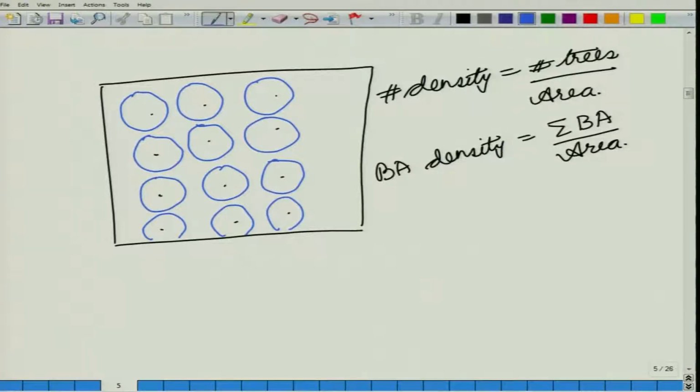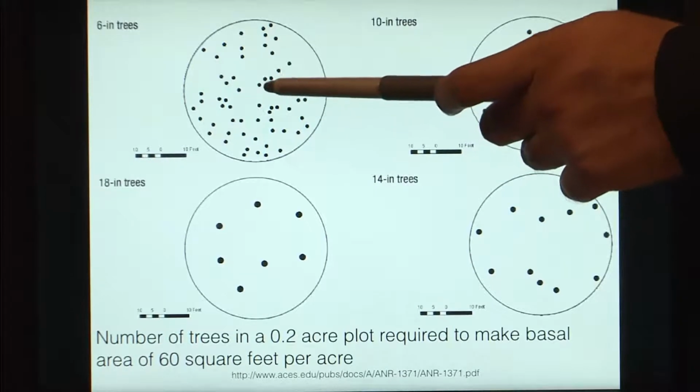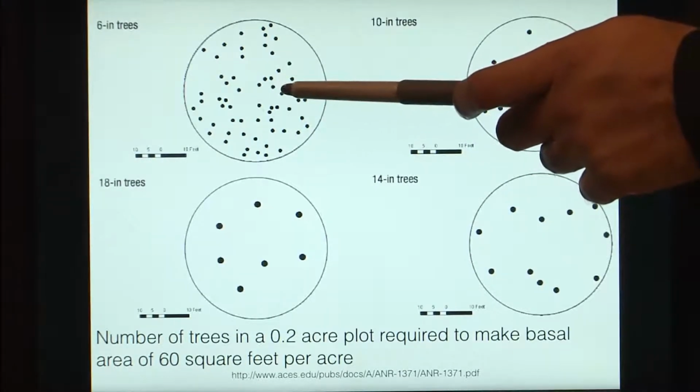Or to show it in another representation, here we see the number of trees in a 0.2 acre plot that is equal to the same basal area of 60 square feet per acre. So, here we can see that if our trees have very small diameters, as in this case, so here we have only 6 inches trees, so the diameter is 6 inches.